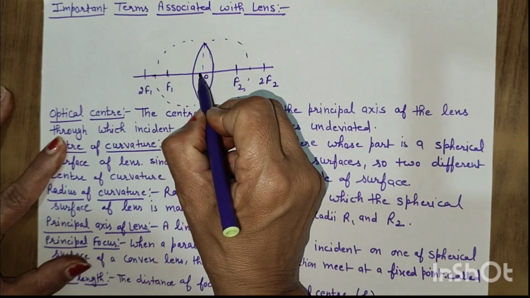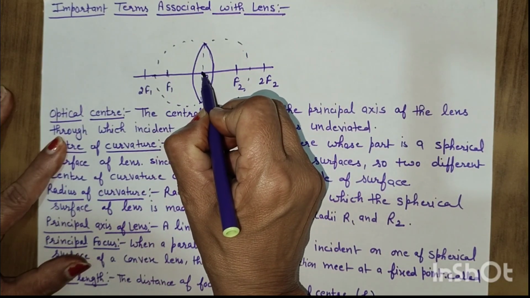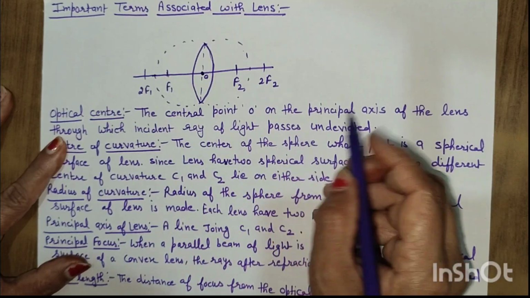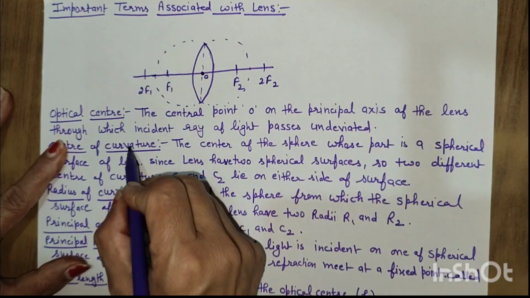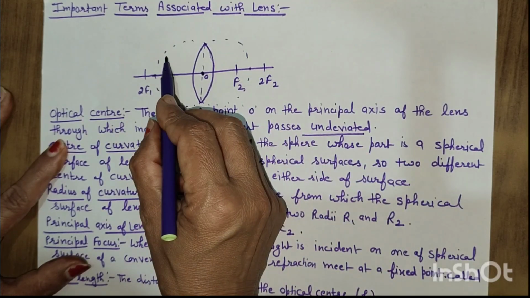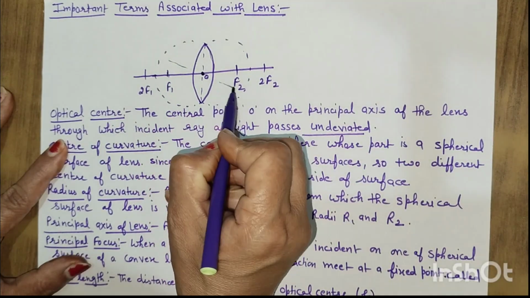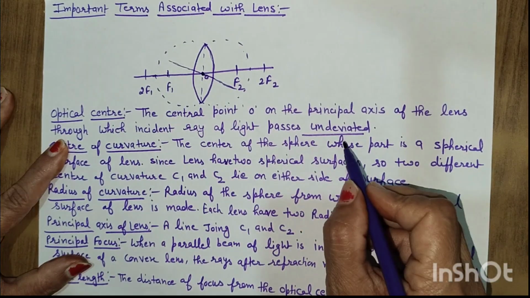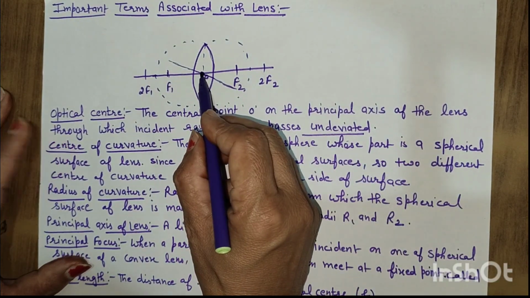Now the optical center. At the center of the lens, the central point O on the principal axis of the lens, through which an incident ray of light passes undeviated. It will not deviate and will pass straight. This is called the optical center.